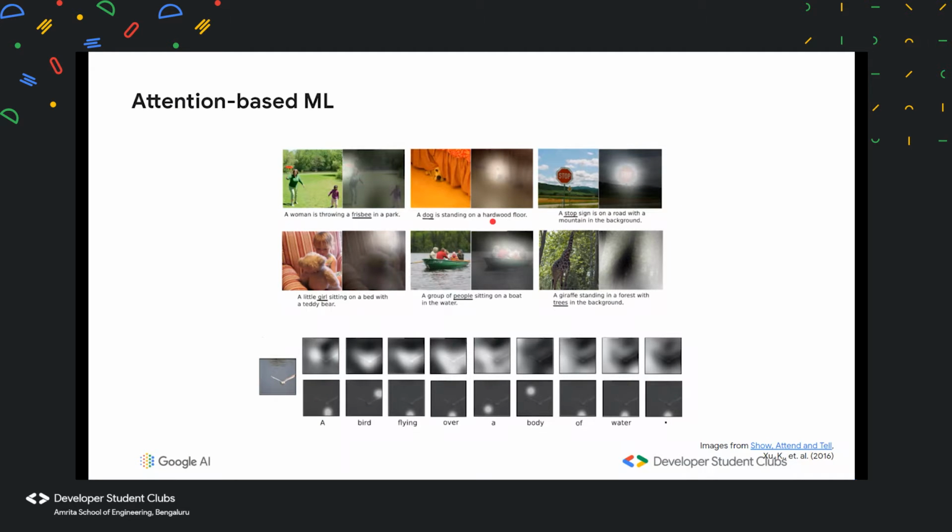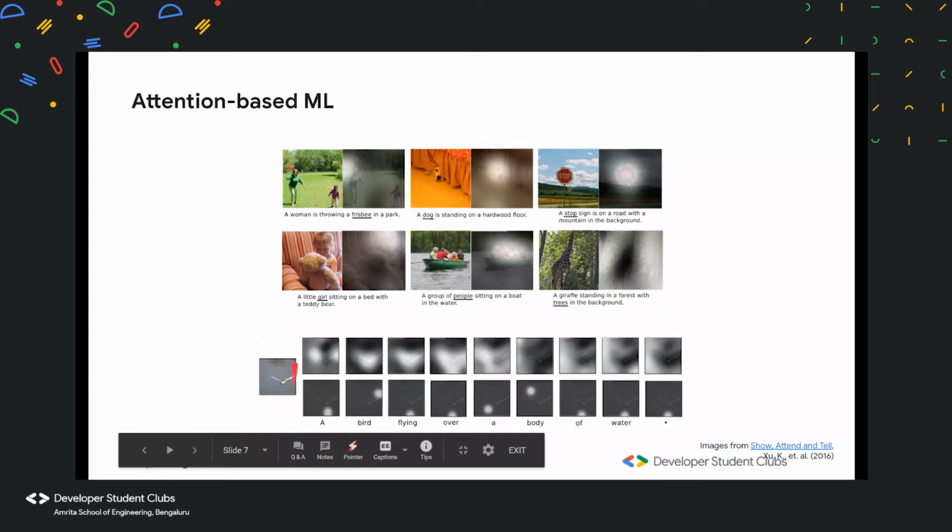So it depends upon the input to our model, how much training data we're giving it, what the different model parameters are, and so on. And another example of this would be, say from this image, we have generated the caption, a bird flying over a body of water, which seems pretty logical and accurate.